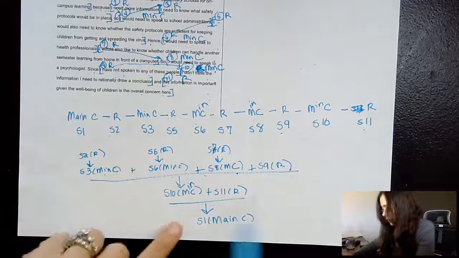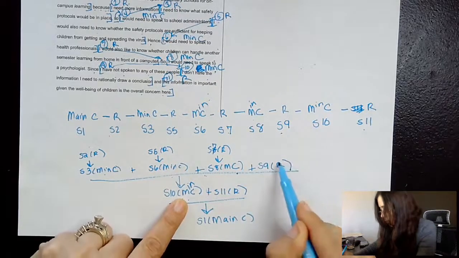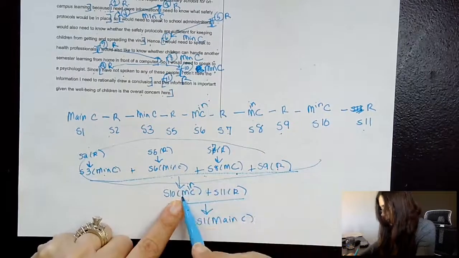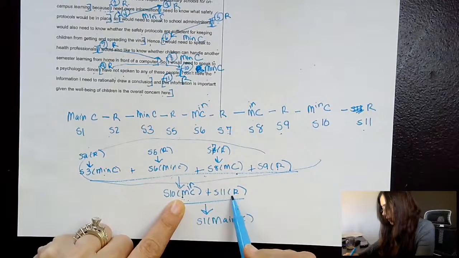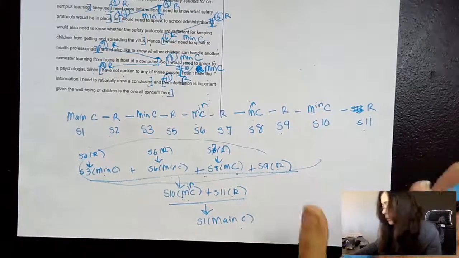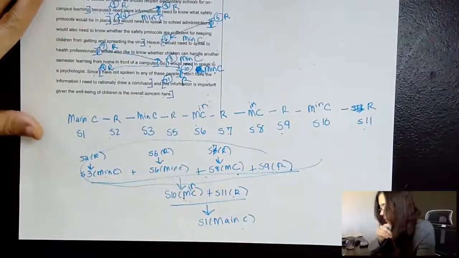So for example, this S10 is a minor conclusion, and the author thinks that all of this supports S10. Now they're going to use it along with S11 as support for S1. But we'll get more into that later. It's just a visual. If you want to, you can completely ignore this part, but I know that it's probably helping some of you.